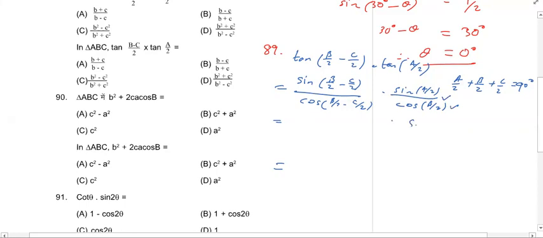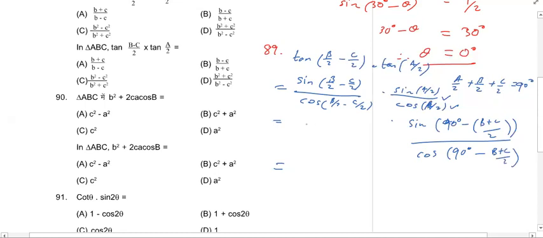So we know what is sine of A over 2, so that's sine of 90 minus B plus C over 2, over cos of 90 degrees minus B plus C over 2, and this is sine of B minus C over 2, sorry, let's correct that, sine of B minus C over 2 over cos of B minus C over 2.